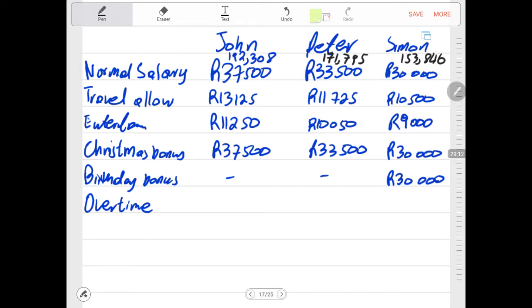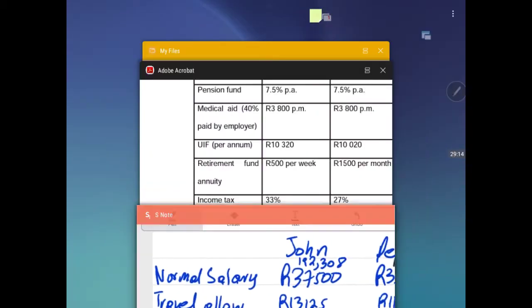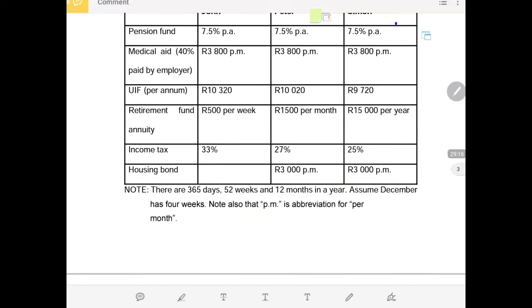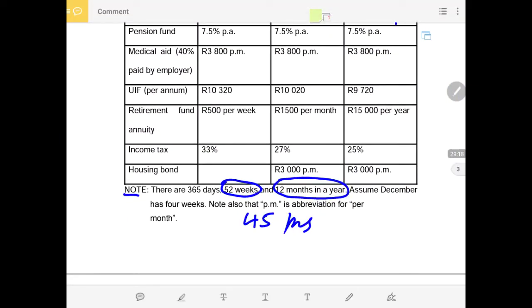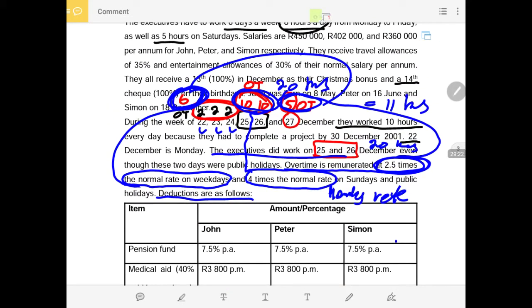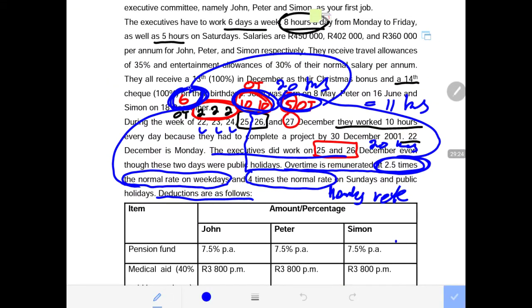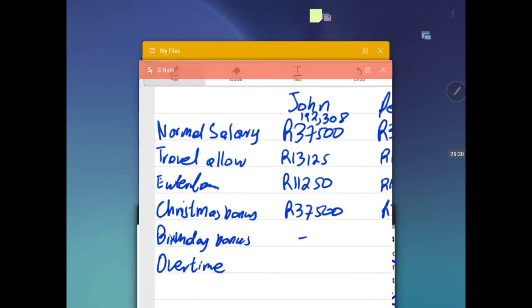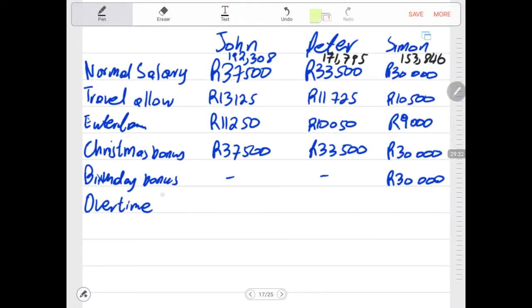We have clarified our calculation, and we have seen that we needed a total of 11 hours, of which our overtime hours were 6 hours plus 5 hours on Saturday. So we have a total of 11 hours. Please write this as your workings, because it was instructed for us to do so.